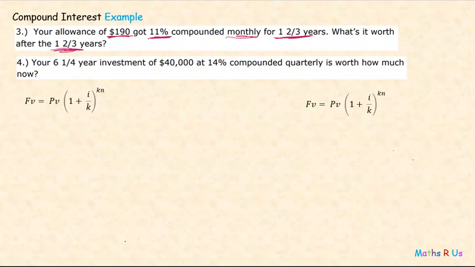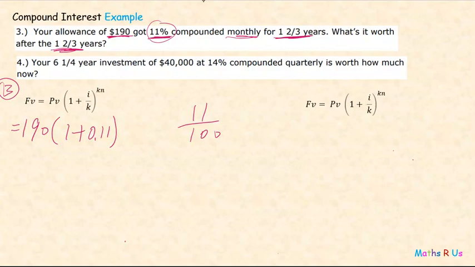So future value, that means total amount. This is what we need to find out. The total amount will equal your principal, which is $190, and 1 plus your interest rate of 11%. That's 11 over 100, that's 0.11.